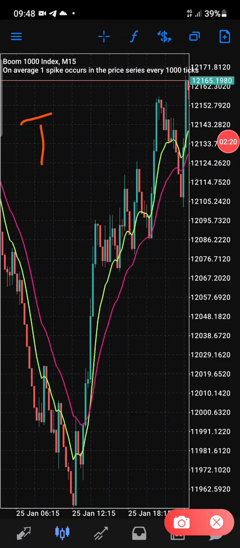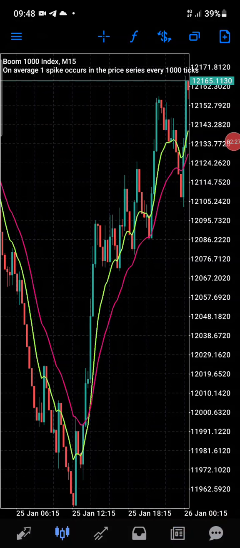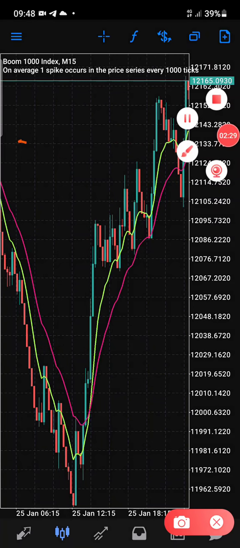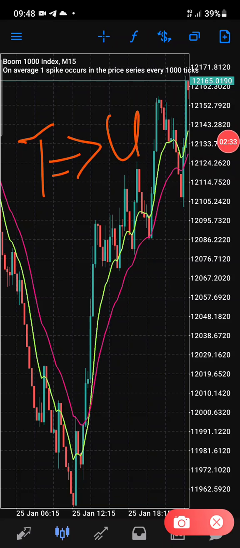Spikes usually happen whenever the market is on uptrend, sorry, this is Boom. It usually happens whenever the market is on uptrend, or when it is just going on uptrend. That is when you see more spikes happening around there. This is very important, and it usually starts from a support zone.